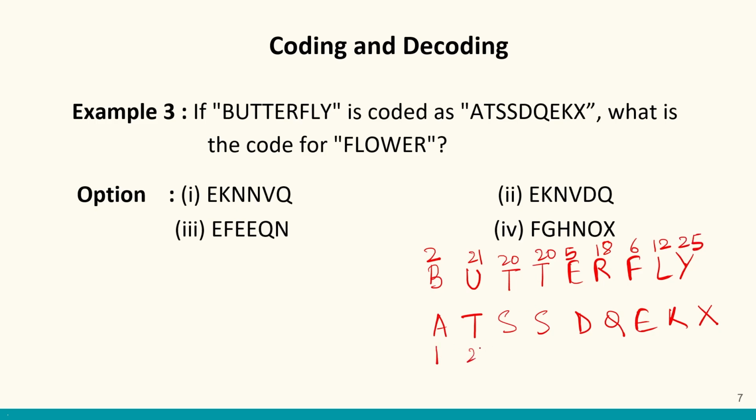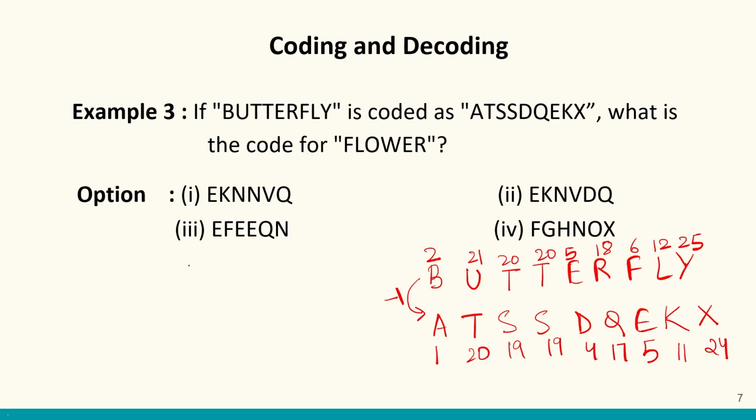For the coded letters, A is 1, T is 20, S is 19, D is 4, Q is 17, E is 5, K is 11, and X is 24. So here I can clearly see that we are moving one position backwards in all of these cases.